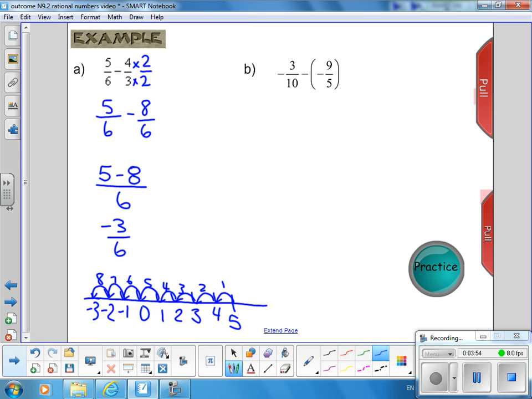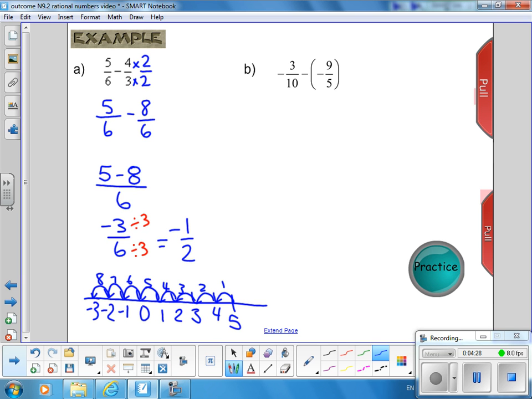So we have negative 3/6. If you recognize that this can be simplified, we can take a 3 out of both of these, and we end up with negative 1/2. So when you are subtracting fractions, find a common denominator and then simplify the numerators, which is just integer subtraction or addition, depending on what sign you end up with.